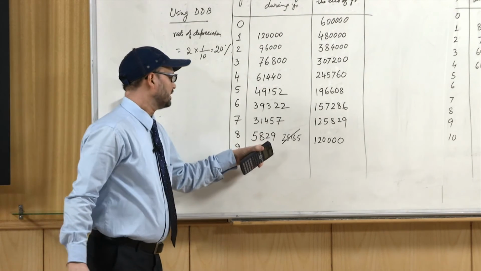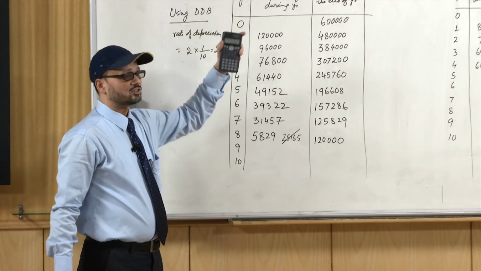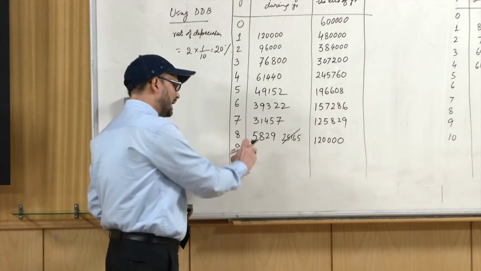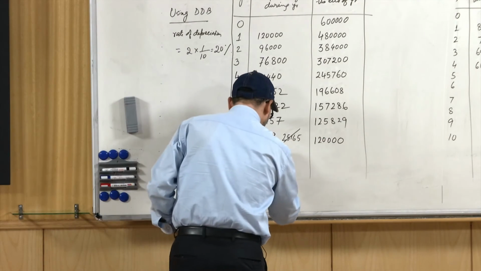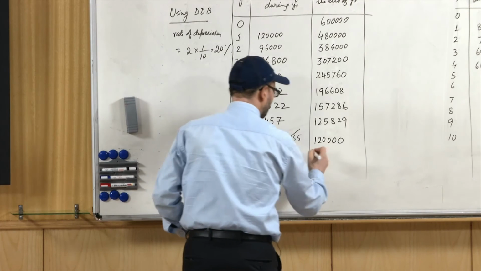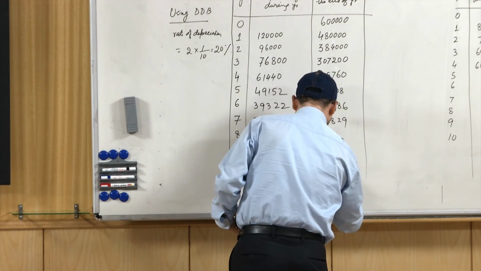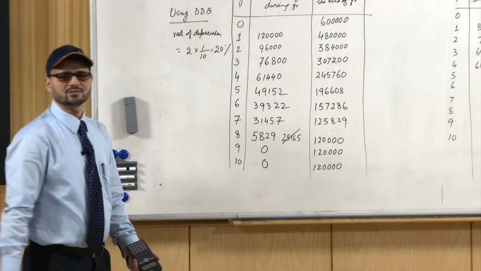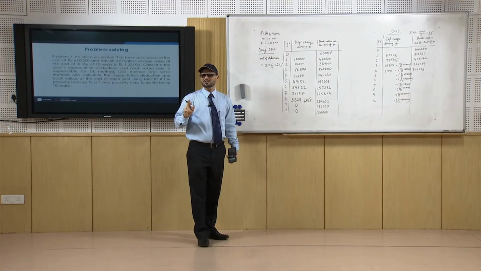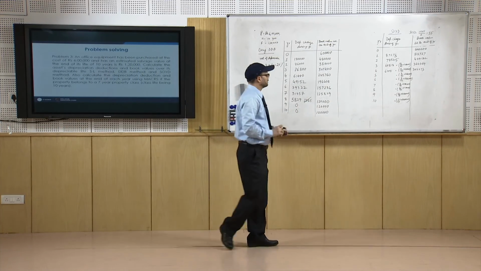So, this is basically the adjustment what we had earlier discussed in the case of declining balance method. Later on during the two periods your depreciation will be 0 and the book value remains 1,20,000 at the end of 10 years. So, this is the depreciation schedule for the double declining balance method.